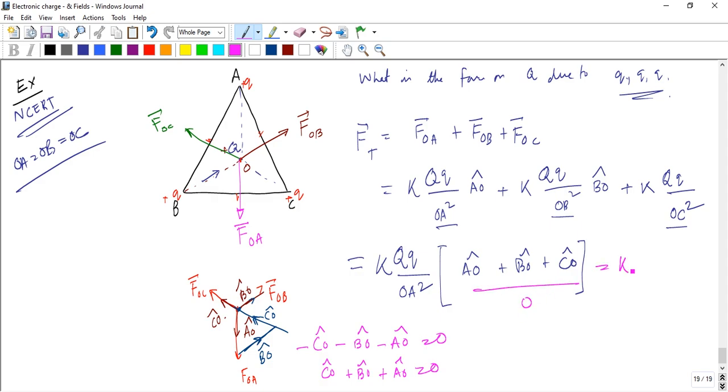So K times capital Q times small q by OA square times 0 gives the force at that center as 0 Newton.